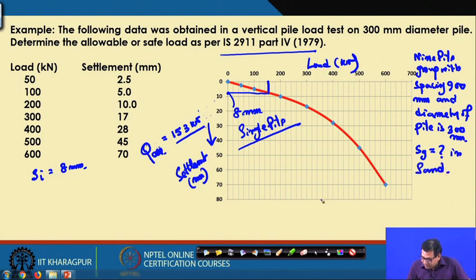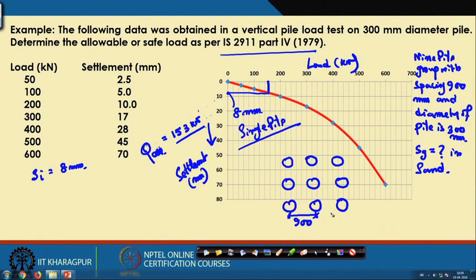The B value, for this 9 pile group with spacing 900 millimeter and diameter 300 millimeter, will be 2 into 900 plus 300. This will be 2100 millimeter, or 2.1 meter.